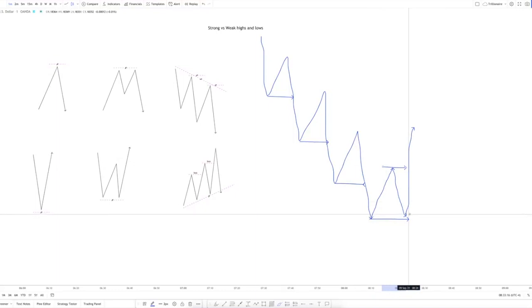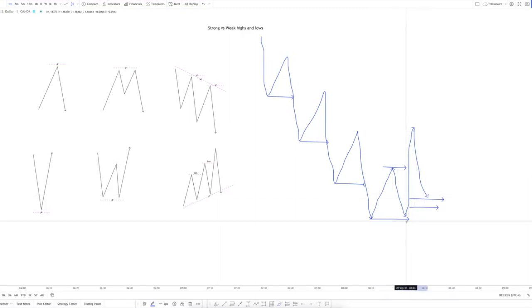Now, you're going to have to pay attention to what the previous leg of price did. If we did break this low, then you can look for this break right here, and then you can take buys on the next leg or the next pullback, because expectational order flow has switched now.